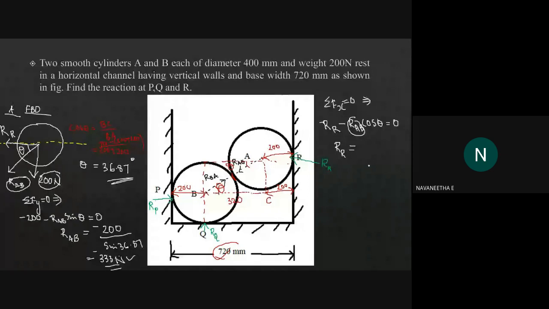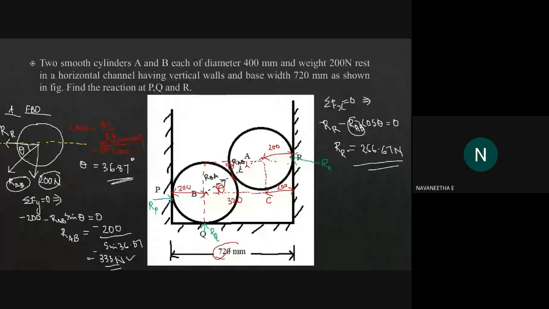RAB is 333. 333 into cos 36.87. Yes, you can write like this: 266.67 Newton. So RR equal to 266.67.